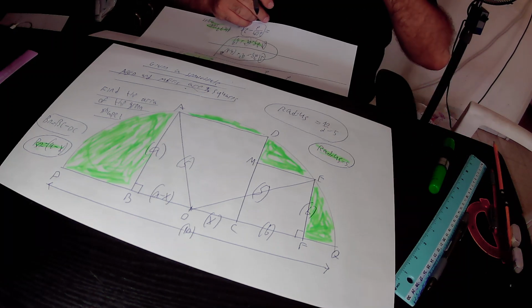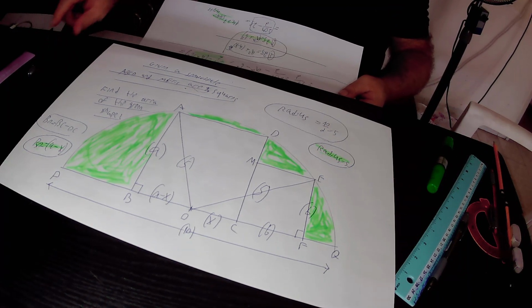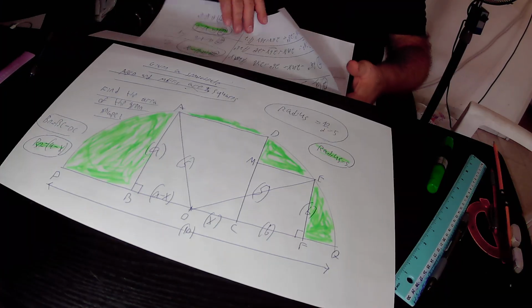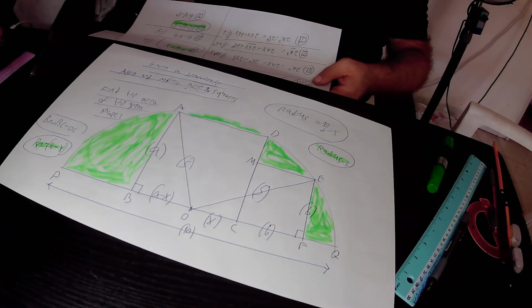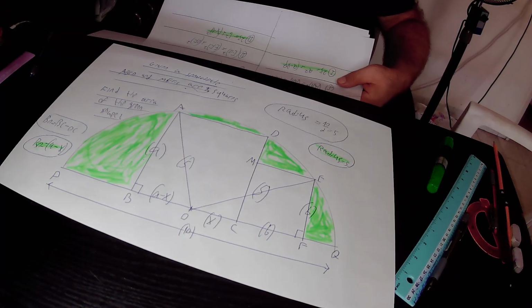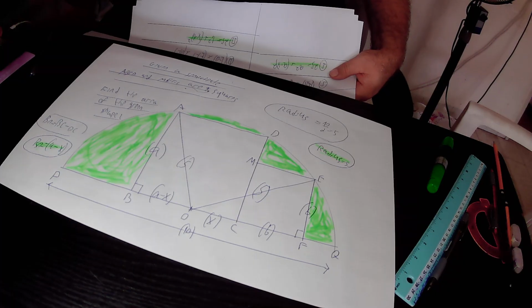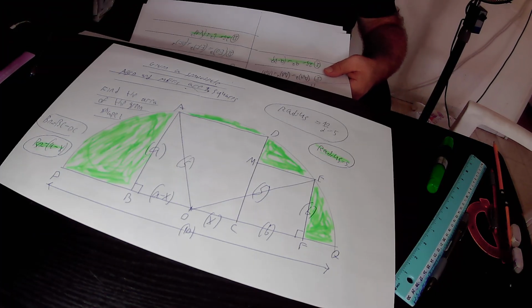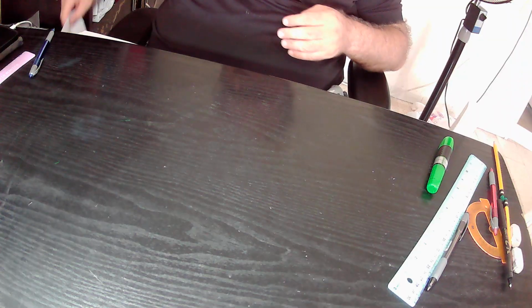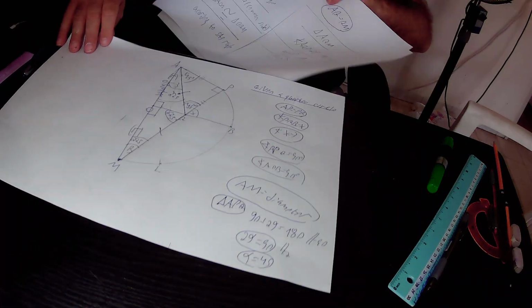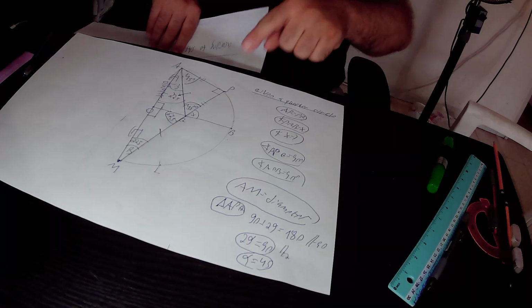In the next step, we start the lecture. We start with the first question, of course. In the first question, our task is to find out the size of this angle x.